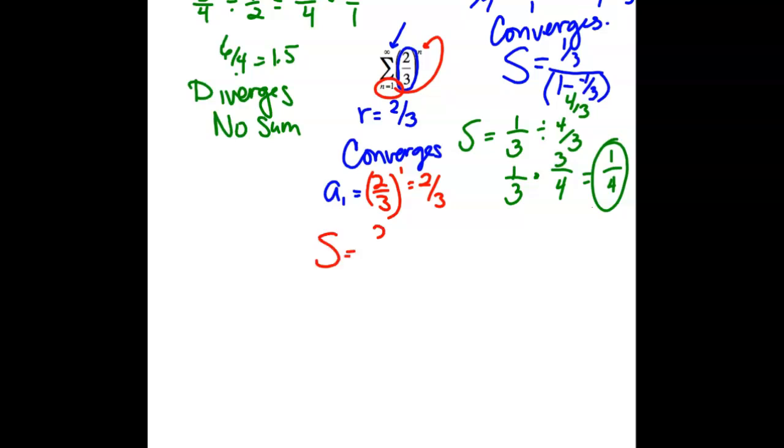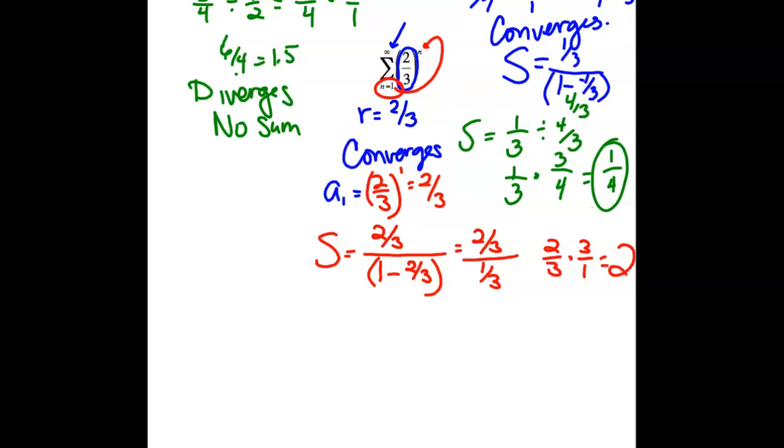So the sum is the first term divided by 1 minus the R value. And 1 minus 2/3 is 1/3. So 2/3 divided by 1/3 is the same as 2/3 times 3, which is just a 2. Now again, we could use our calculator to do that.